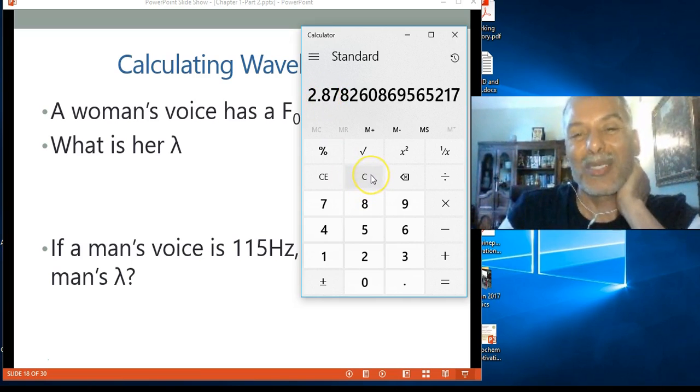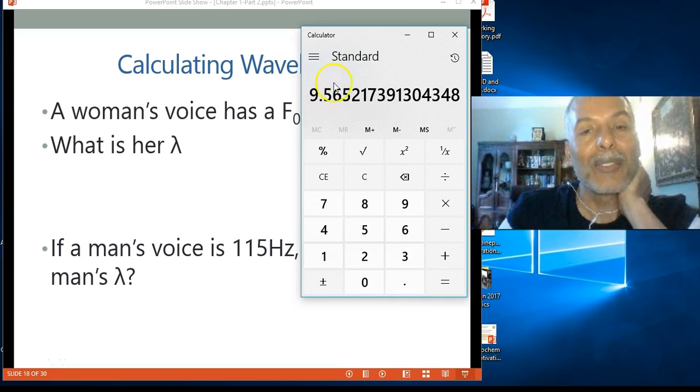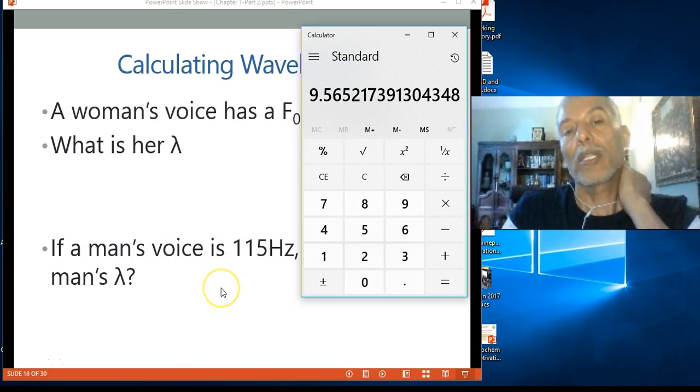But again, it might be tough to make sense of this. If you use feet, 1100 feet divided by 115 gives you 9.56 feet. That would be the wavelength of a single wave that this adult male's voice is going to cover.